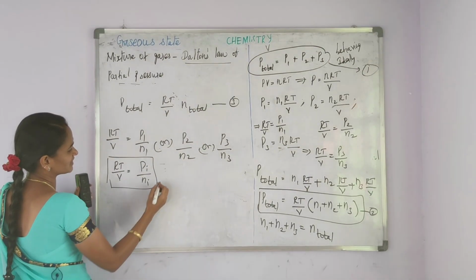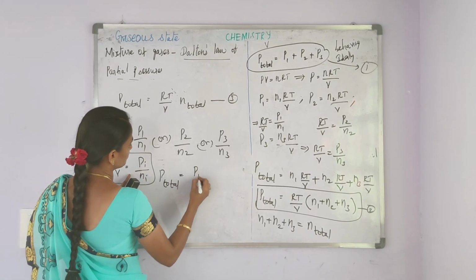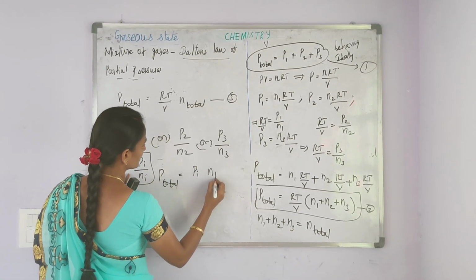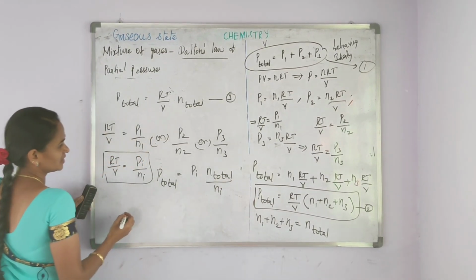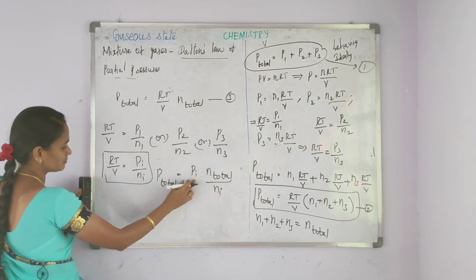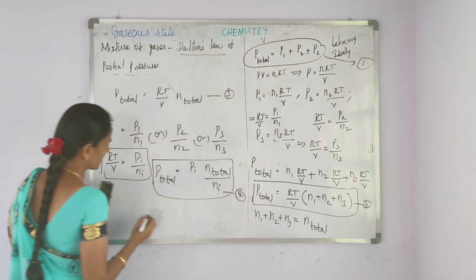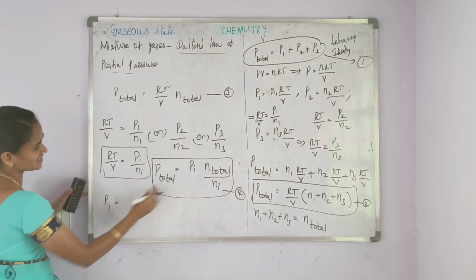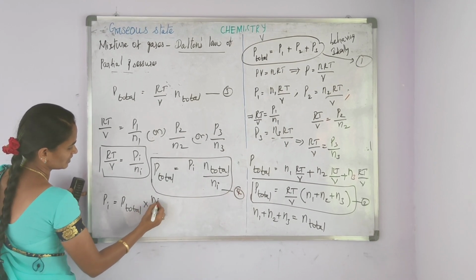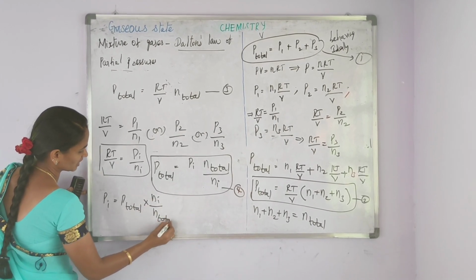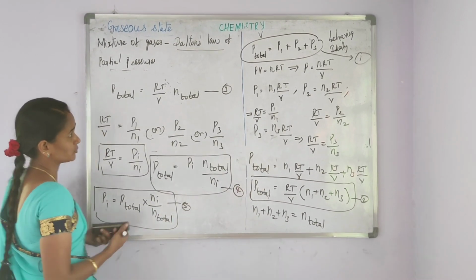So, equation number 3 will become P total is equal to Pi into n total divided by ni. Now, I am calculating Pi. So, this equation 4 will become Pi is equal to P total into ni divided by n total, which is equation number 5.